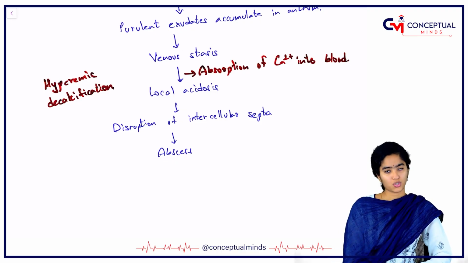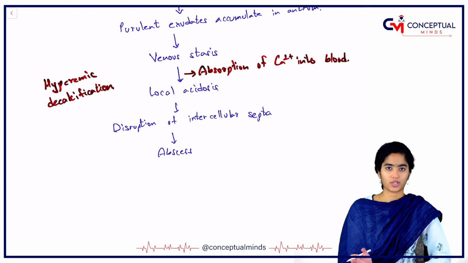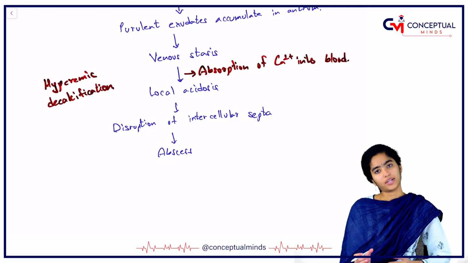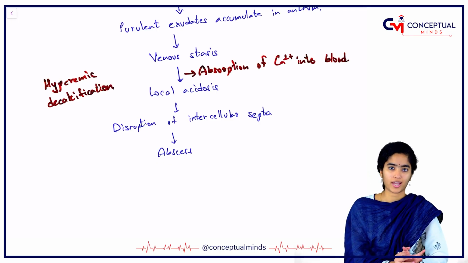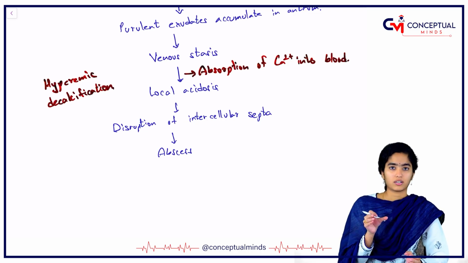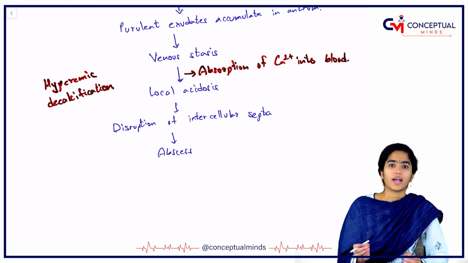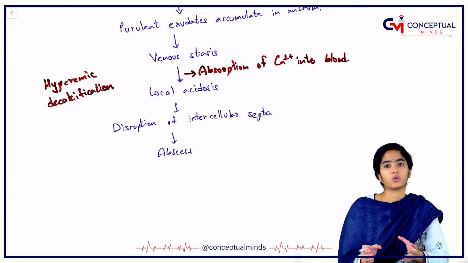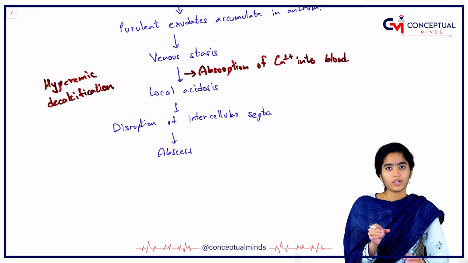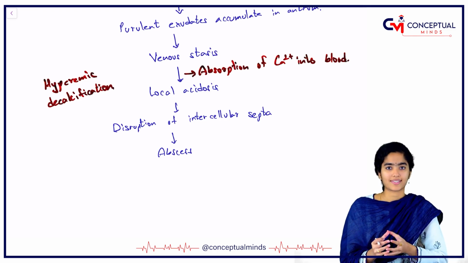I hope you have understood the pathogenesis of mastoiditis. First, what is happening? Infection spreads into the mastoid antrum, and then because of the inflammatory processes, the engorgement, the edema, and accumulation of the local inflammatory exudates, the aditus becomes narrowed and all the pus is getting accumulated inside the antrum.